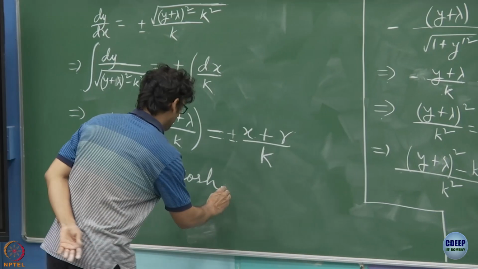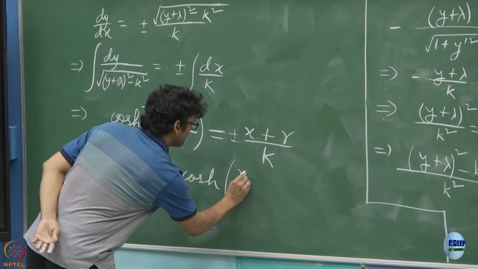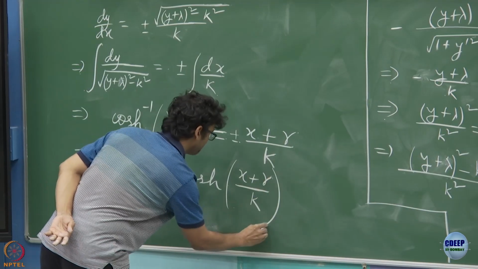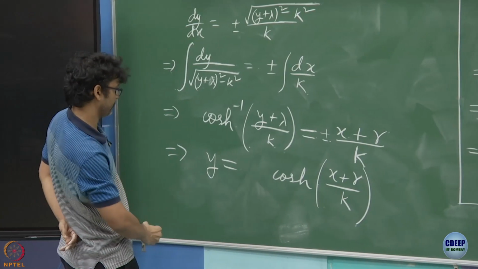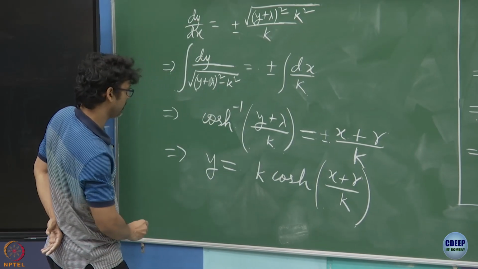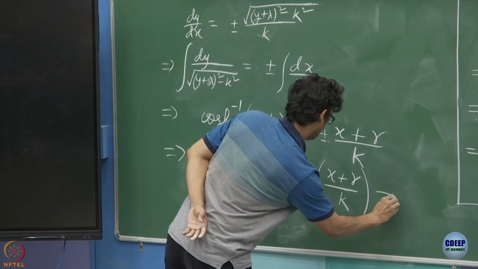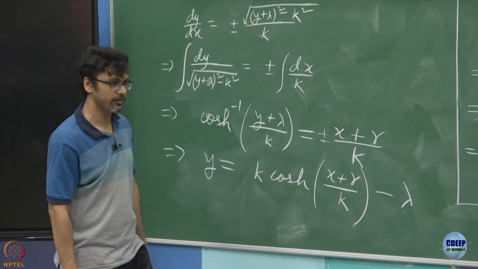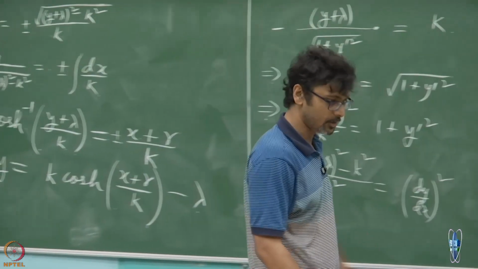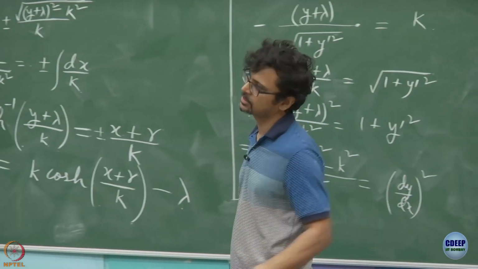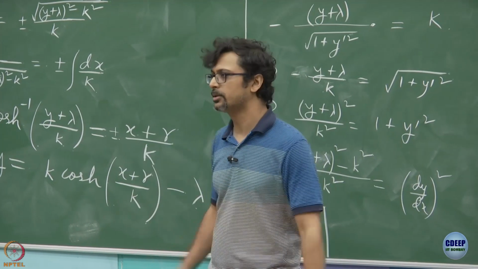So you can just as well say this is x plus lambda upon k, with a k appearing here as well, I believe, minus lambda. So x plus gamma by k minus lambda. So that's the equation of a catenary up to some shift in the x direction and the y direction, which is obviously going to be dictated by your terminal constraints.